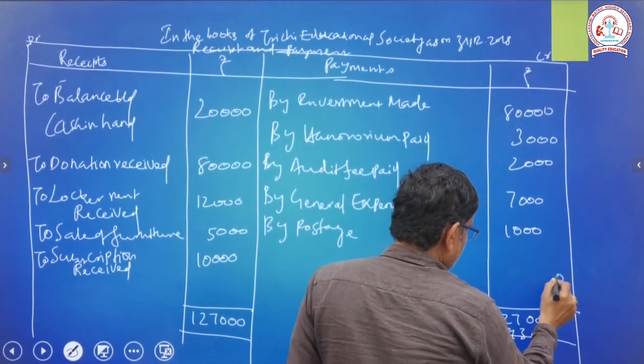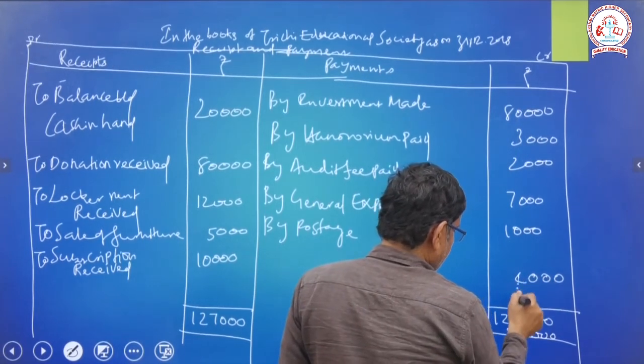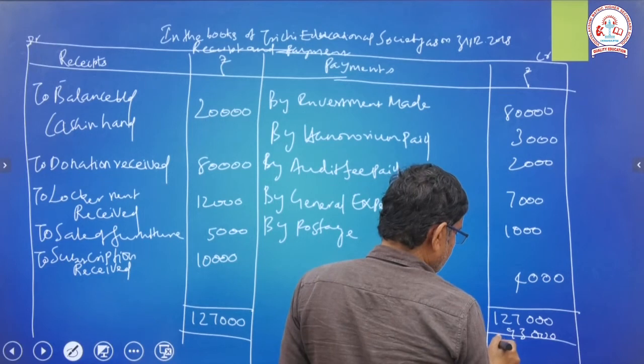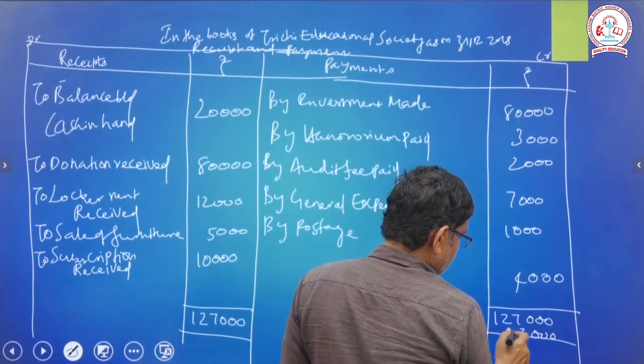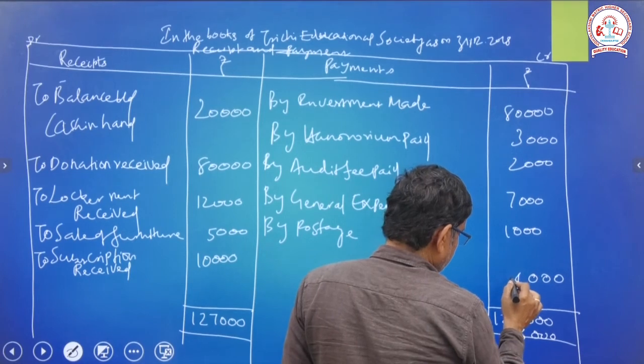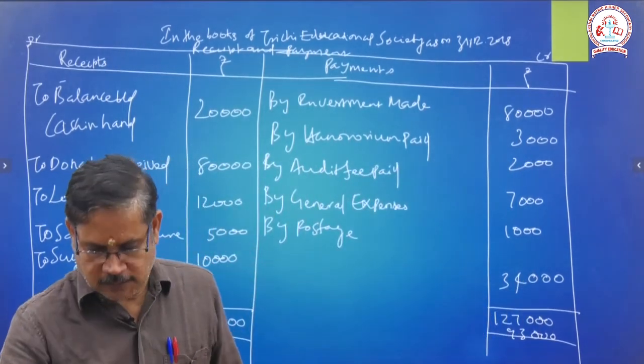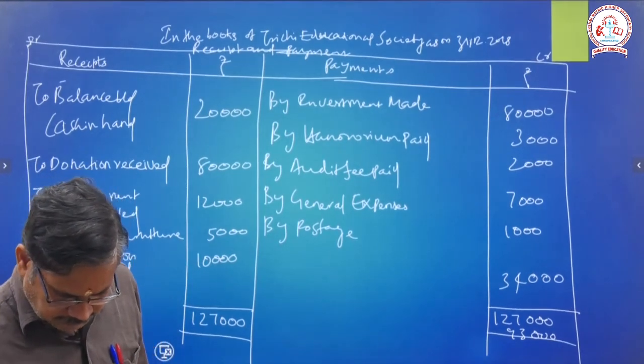So, 0, 0, 0, 7 minus 3, 4, then 12, then 12 minus 9, 3. Now, we will see the value 34,000. Okay.